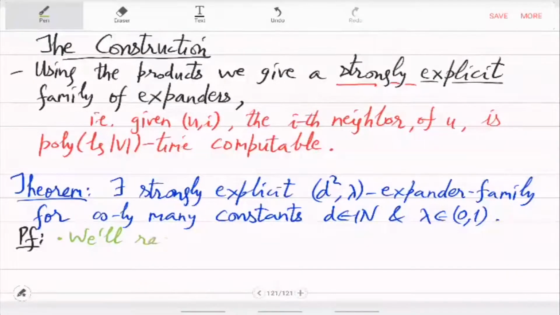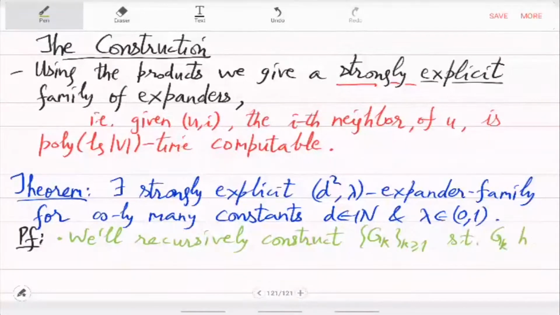So, we will recursively construct expanders G_k such that G_k has 2 raised to order k vertices.